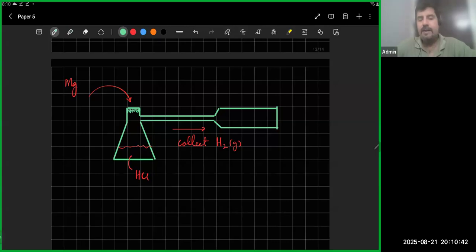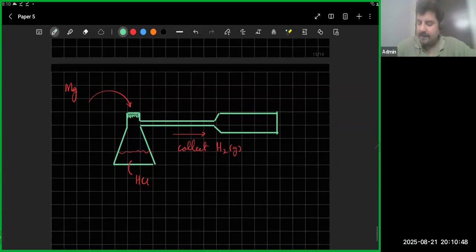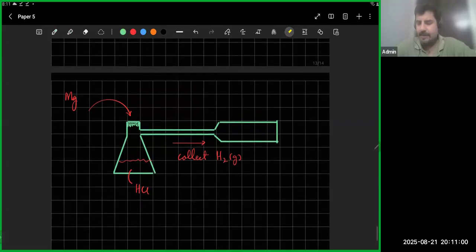So if I want to put in Mg over here, I would have to open the apparatus up, right? And if I do that, as soon as Mg falls into it, the H2 gas would escape from the top, right? So you can't do this while keeping the apparatus airtight. That's the challenge. You can't throw in Mg from the top.